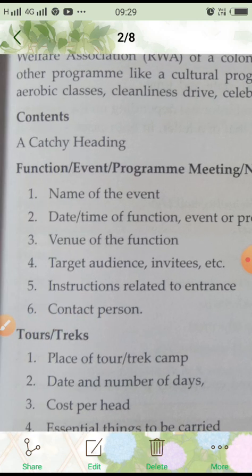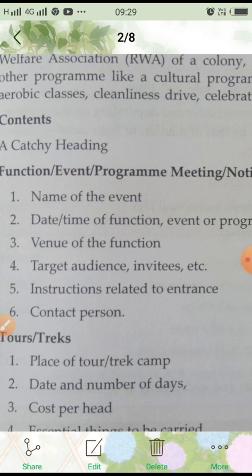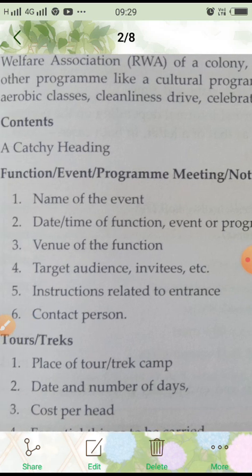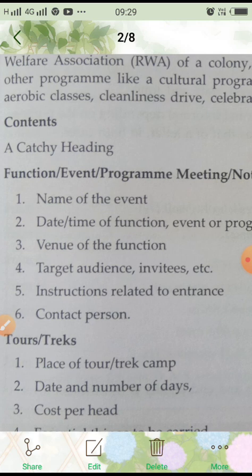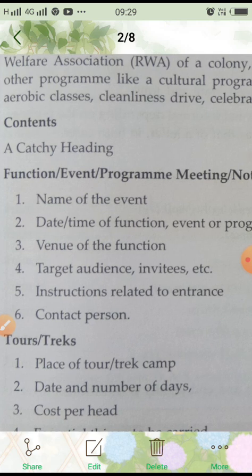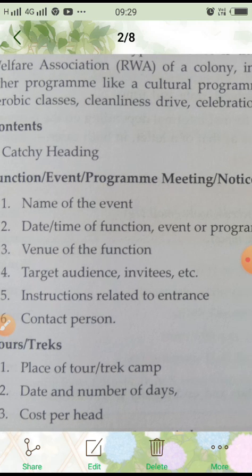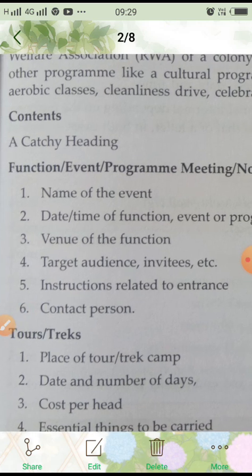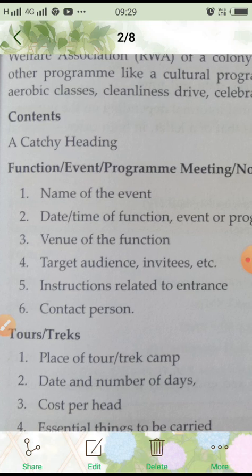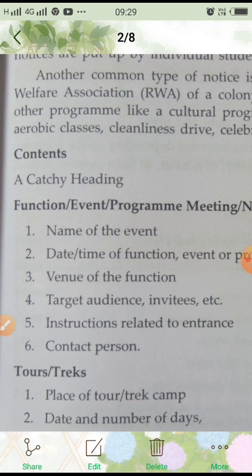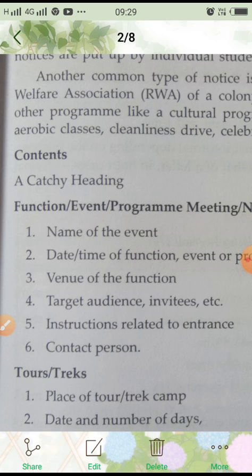The name of the event can be any program or event that is to be held, like in a school, any dance competition, debate competition, fancy dress, salad competition, or any kind of competition, so the name of that competition has to be written first. And keep in mind that all these six points which are given have to remain in this sequence only.